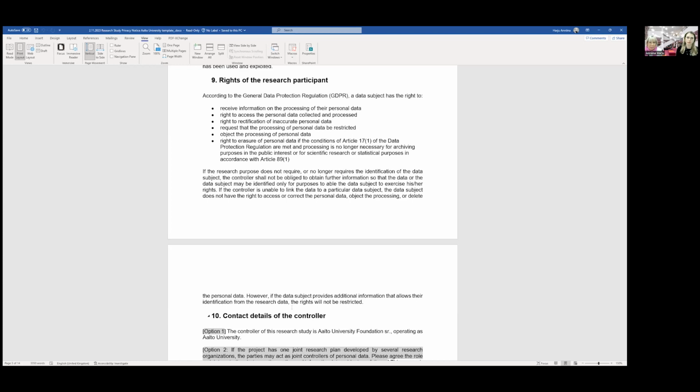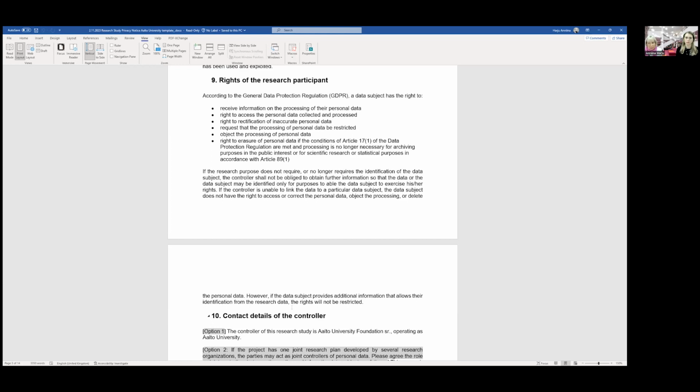So these are the rights of the research participant in the binding legislation. We do have a process where you could do a data impact assessment and give it to the authorities before using the personal data, but it's very complicated and we have never used it. So we just leave the rights as is.